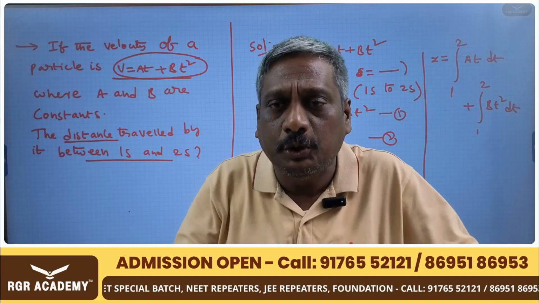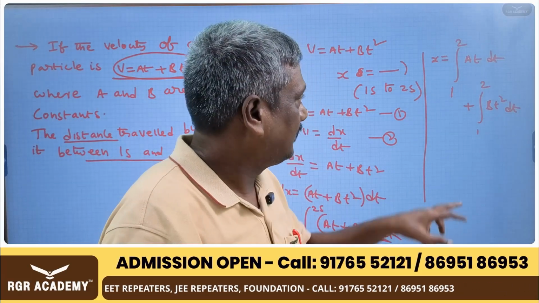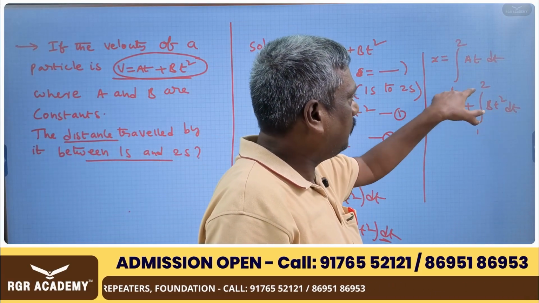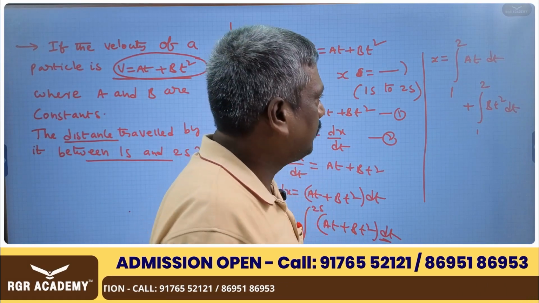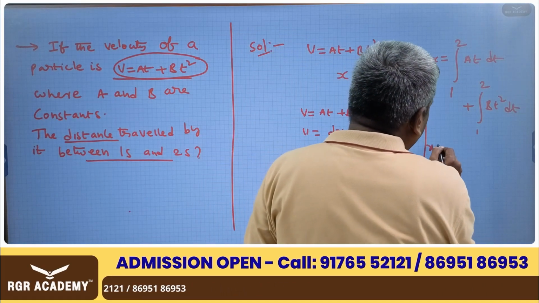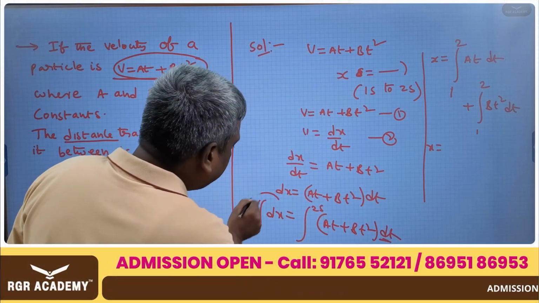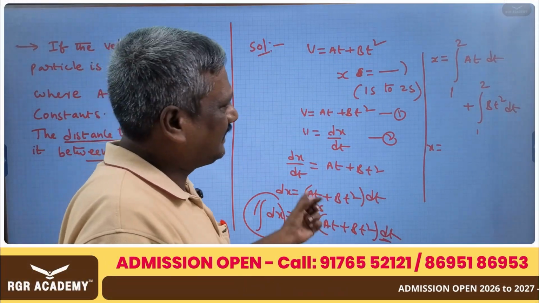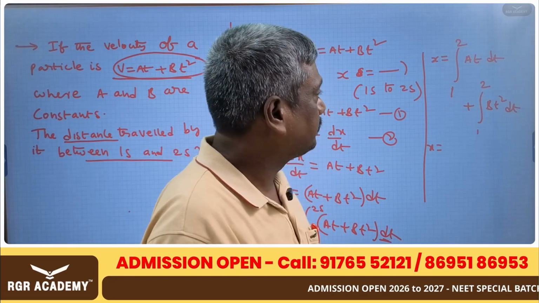The limits are as usual 1 to 2 seconds. Therefore, x becomes the distance travelled.